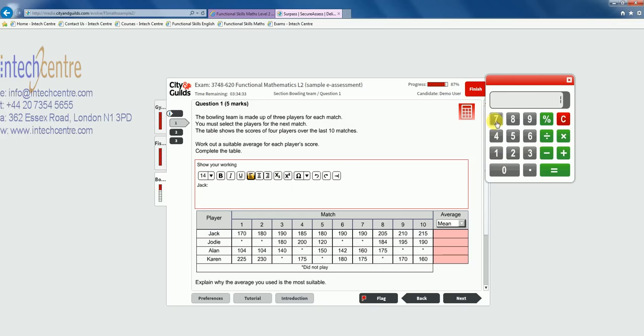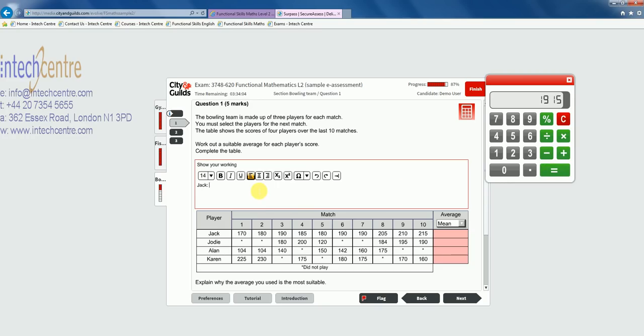So that's 170 plus 180 plus 190 plus 185 plus 180 plus 190 plus 190 plus 205 plus 210 plus 215.